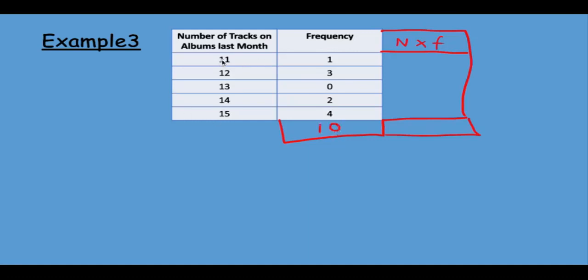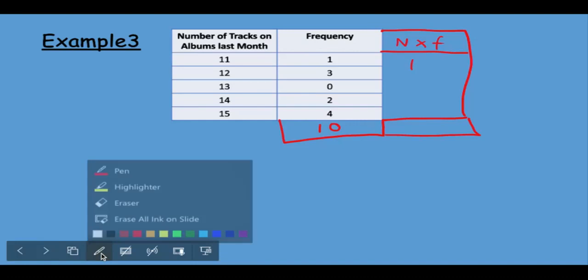And then we'll fit in the n times f column. So we've got 11 times 1, 11. Just get rid of that.